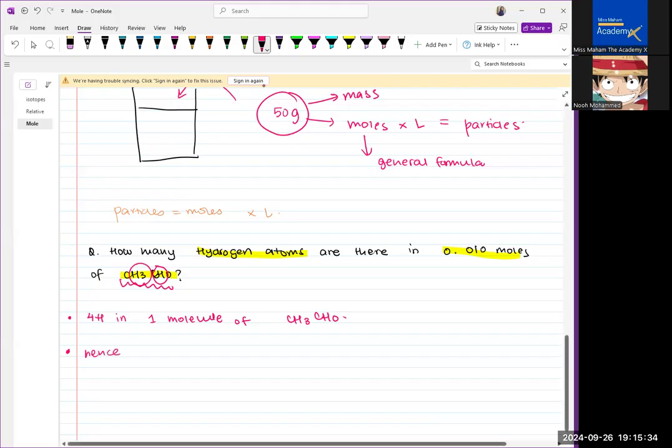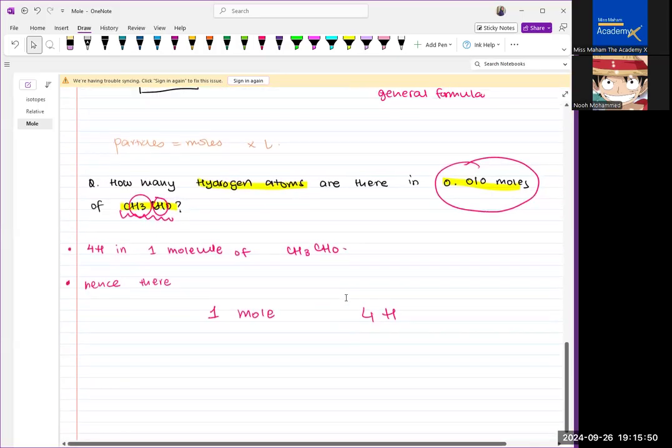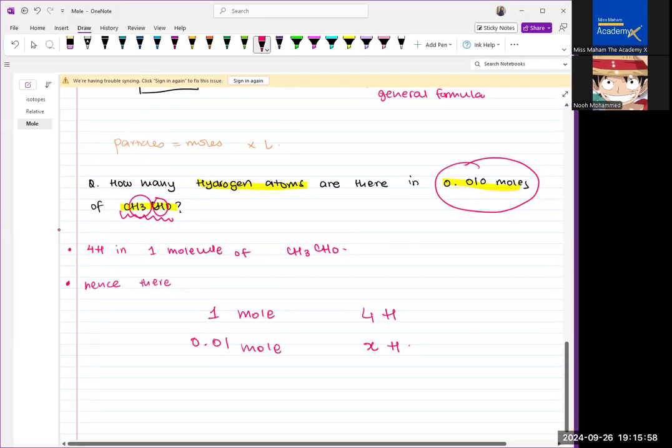Hence, now they are telling you that if 1 mole has 4 hydrogens, then how many hydrogens will there be in this many moles? That's what they're asking you, right? You have X number of hydrogens, correct? Do you get this part? Yeah. So in 1 mole you have 4 hydrogens.